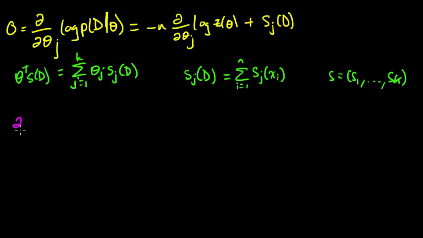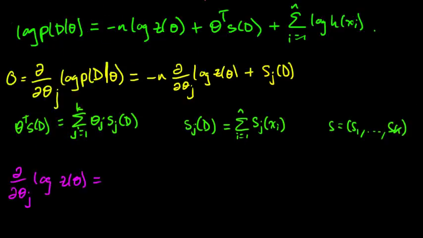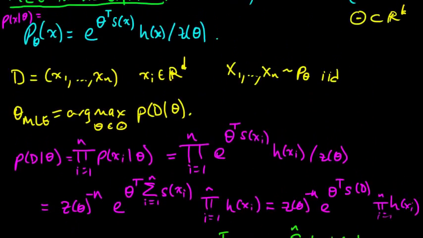So this is an aside. This derivative of log Z of theta. But what is Z of theta? Z of theta is the normalizing constant for this distribution, right? We have this distribution, e to the theta transpose s of x times h of x, and Z is just the normalizing constant.